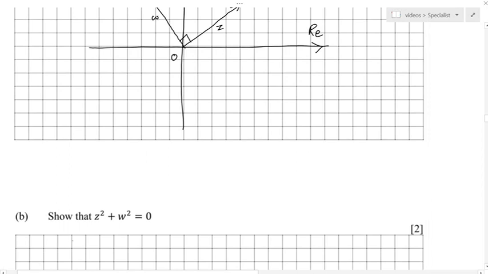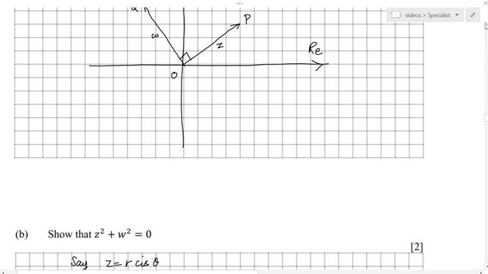So I'll assume that, say, Z is equal to r cis theta. Now here r is the length OP, and cis theta means, if I go back to my previous diagram, the angle that Z makes with the real axis is theta.